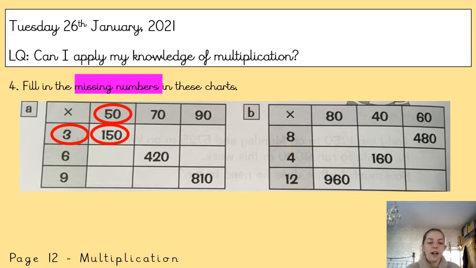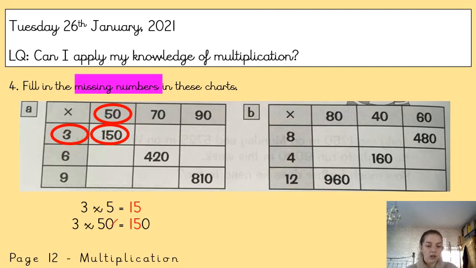So if I move on to the next slide, I can show you a little trick, a little pattern that'll help you to do the rest of these questions. So I know that 3 times 5 is 15. Now, when I times 3 by 50, it will immediately make that number 150. So if you look here, I'll just cross this out.